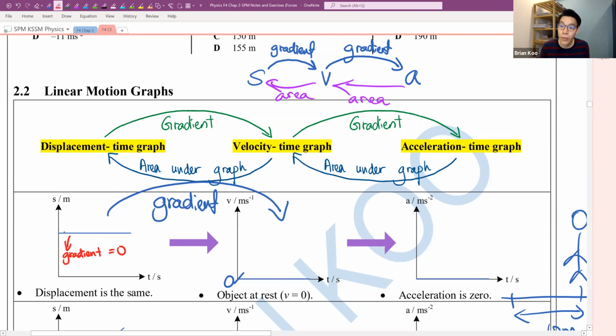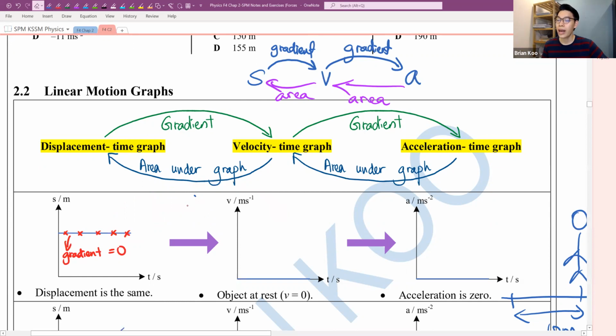Anywhere on this line, the gradient is 0. The entire straight line, the gradient is 0. A horizontal line is always 0. I hope you know that. That is why we get 0. So even without really understanding what this means, if you can find the gradient, you can always know what the velocity is.